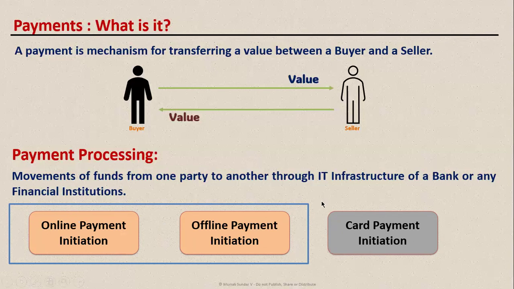Today's session is also about how payment transactions are processed when payments are initiated either online or offline. These concepts are the same for both, because this is the core of payment processing and remains the same for everything.